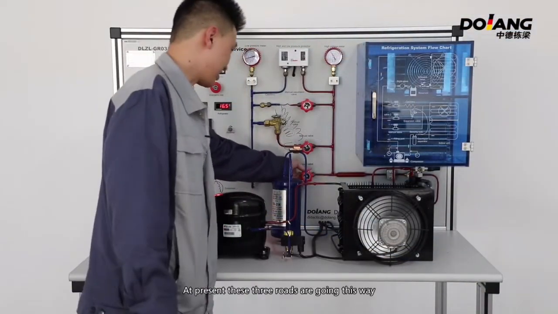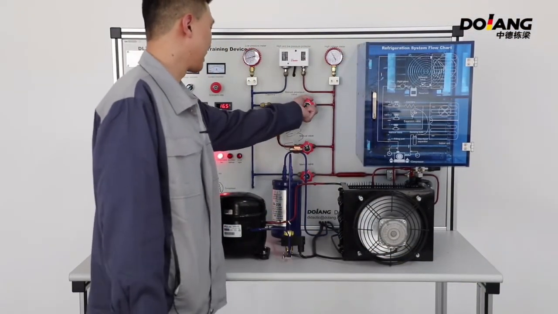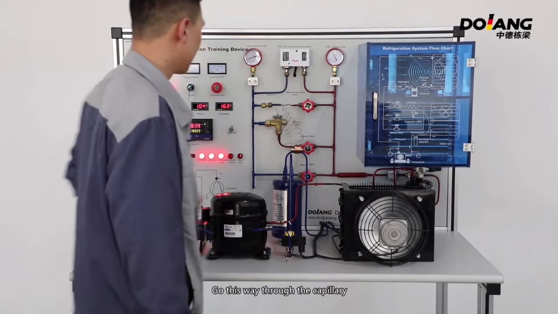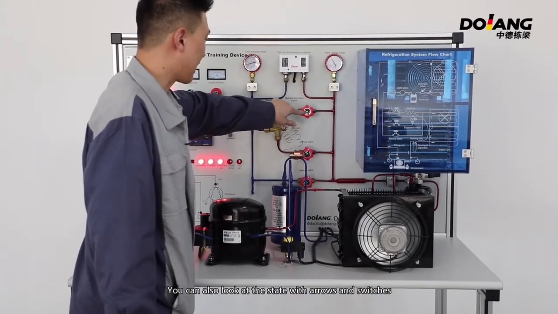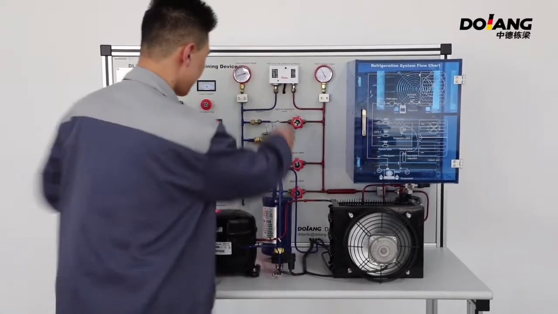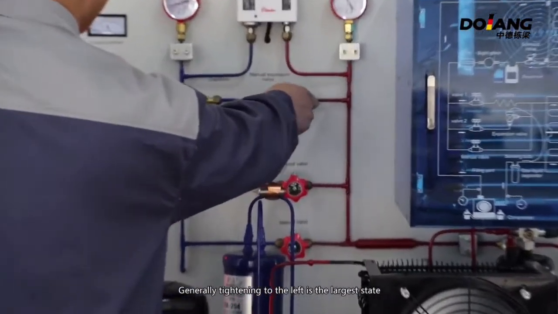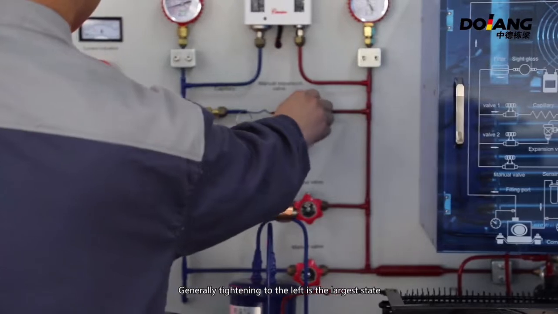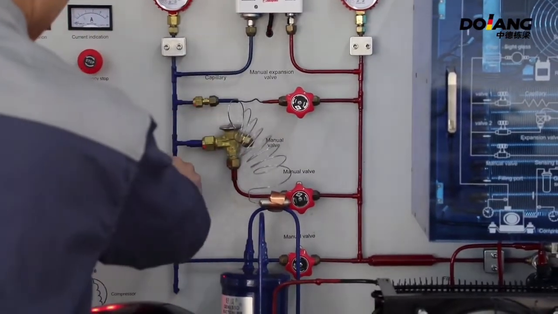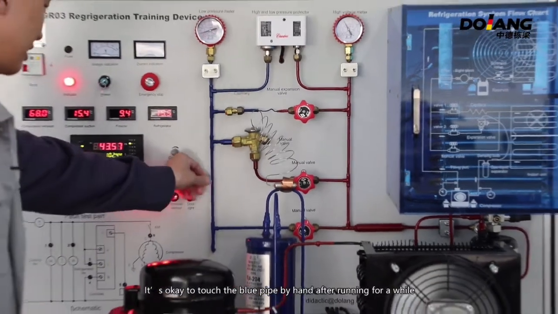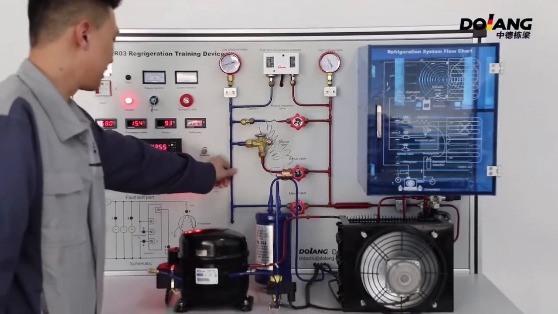At present, there are 3 rows going this way. Go this way through the capillary. You can also look at the state with arrows and the switches, generally tilting to the left is the largest state. Through the capillary, it's okay to touch the blue pipe by hand after running for a while.